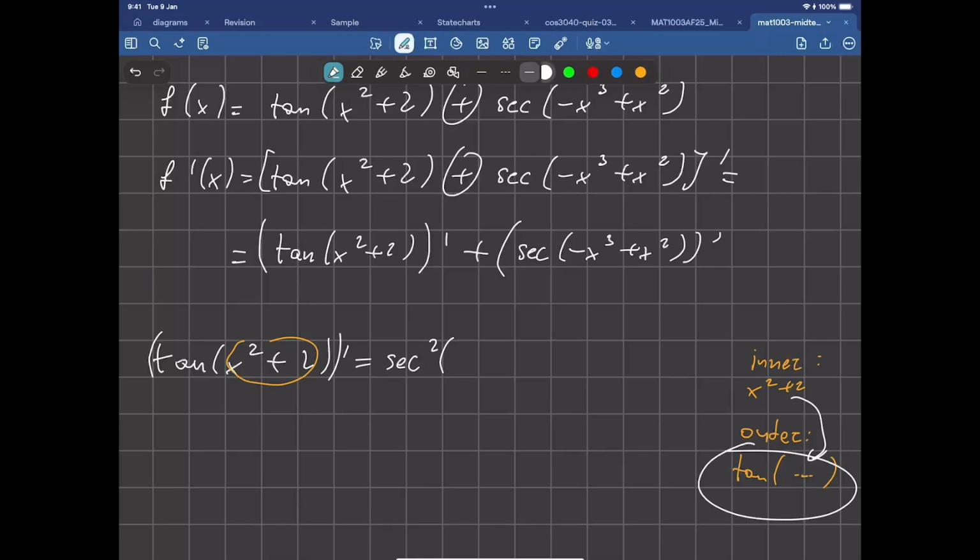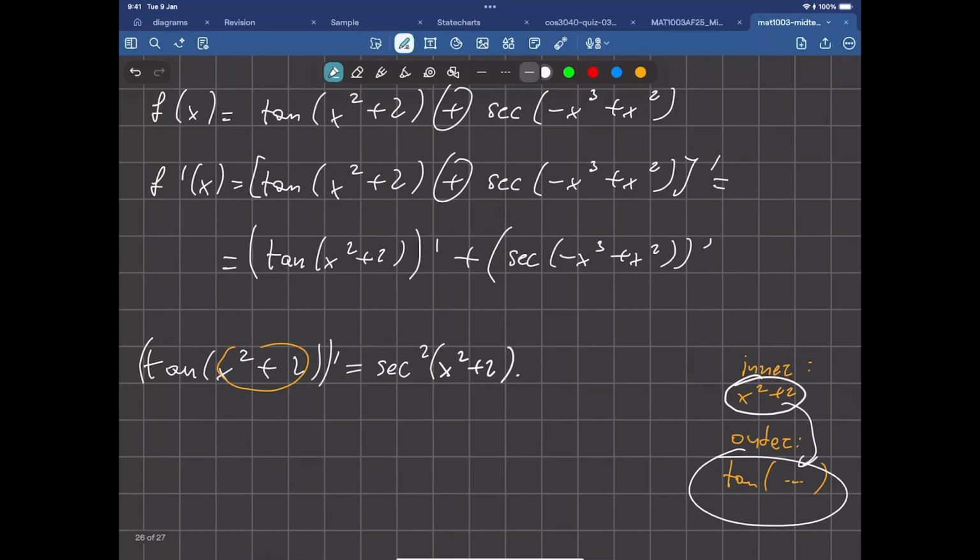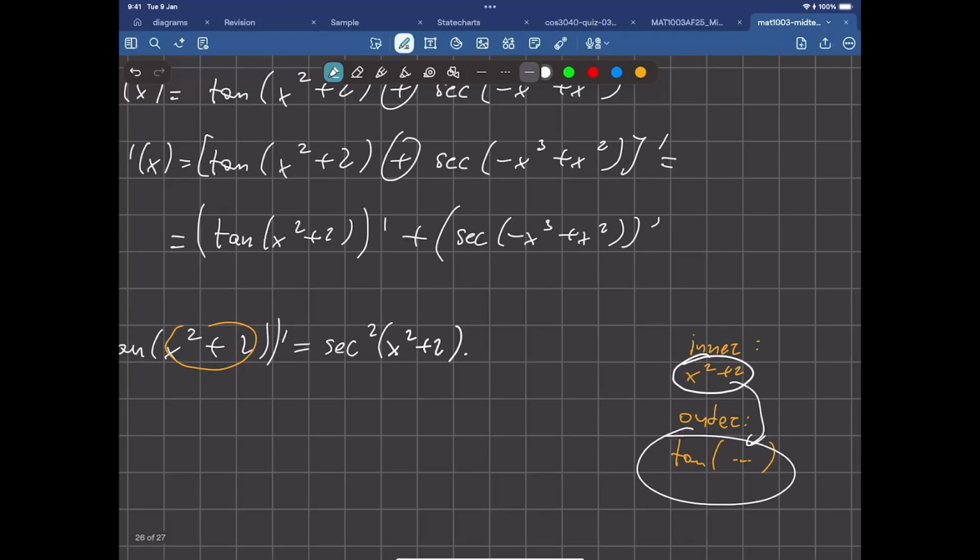So it's going to be just x squared plus 2. But now we need to multiply by the derivative of the inner function. So the derivative of x squared plus 2 is going to be just 2x. And now I can just rearrange, but I'm basically done with this particular derivative, okay? 2x secant squared of x squared plus 2, and we're done.